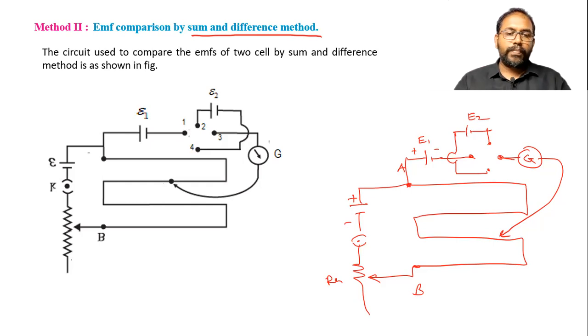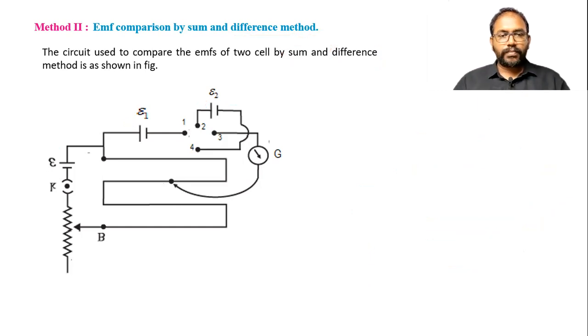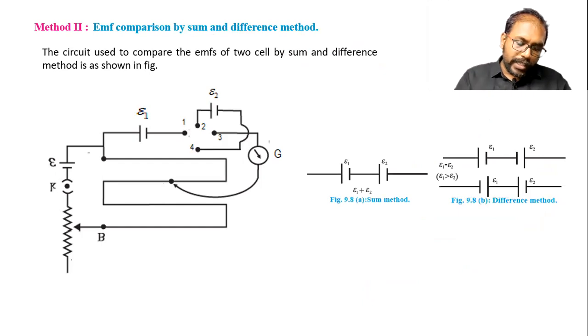Now we have to remember what is the sum and what is the difference arrangement. You can see here, this is plus, this is minus, this is plus, this is minus, this is plus, this is minus. Next, the sum arrangement.